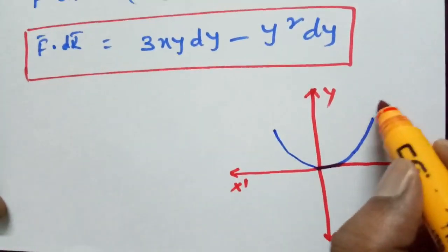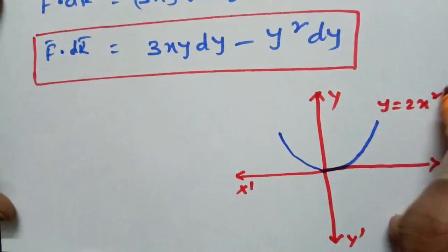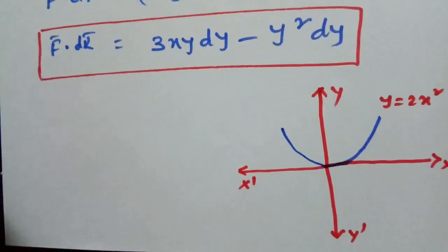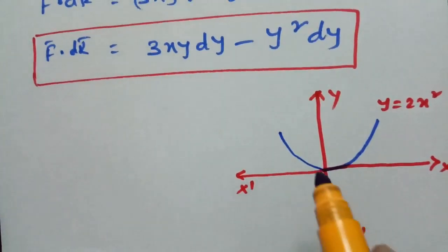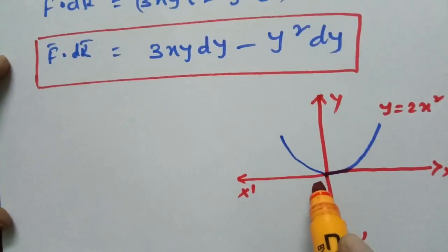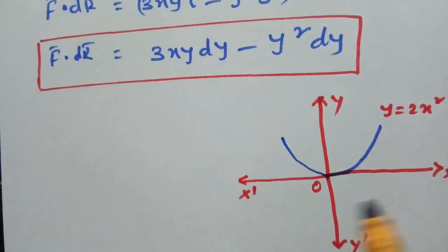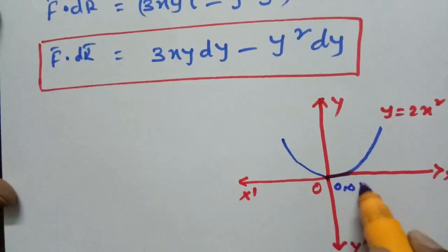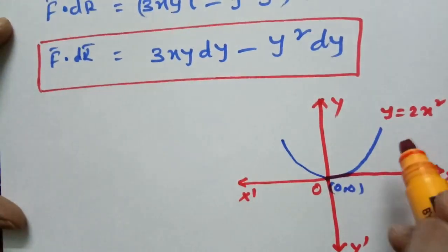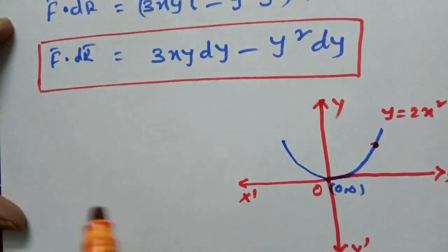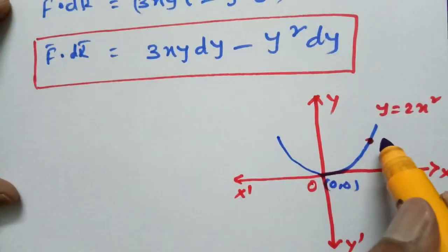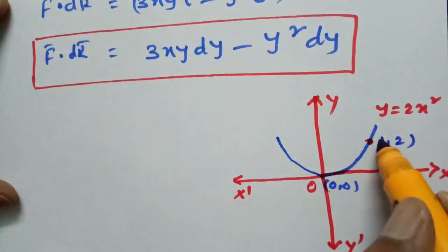Y is equal to 2x square passes through the origin O (0, 0) and the point A (1, 2).